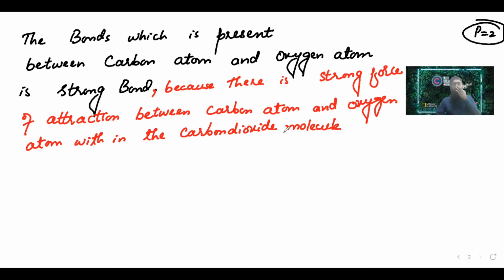The bonds which are present between carbon atom and oxygen atom are strong bonds, because there is a strong force of attraction between carbon atom and oxygen atom within the carbon dioxide molecule.